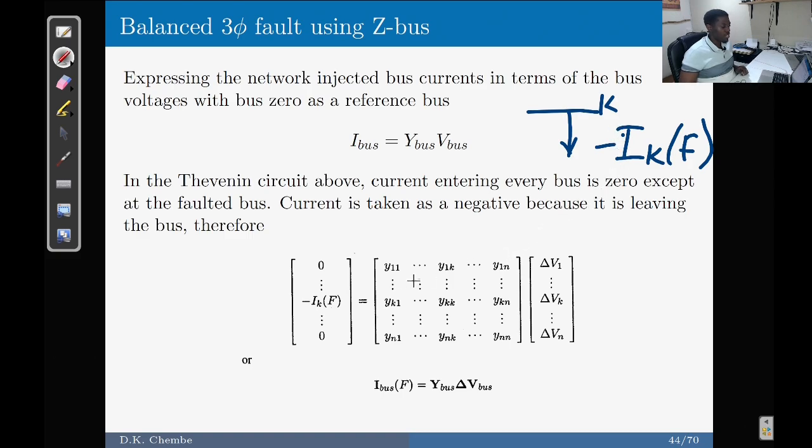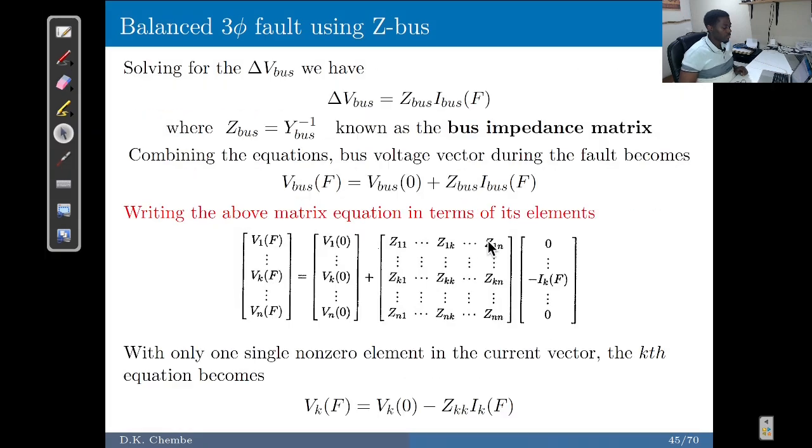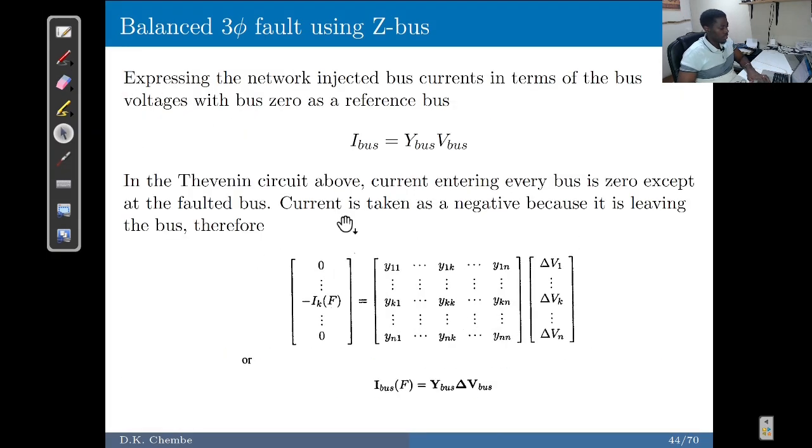Okay? That is a negative injection bus current, and therefore this is equal to the admittance multiplied by the change in the voltage values for all the buses. This is what we have here.